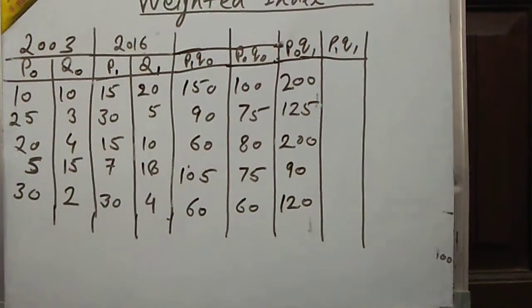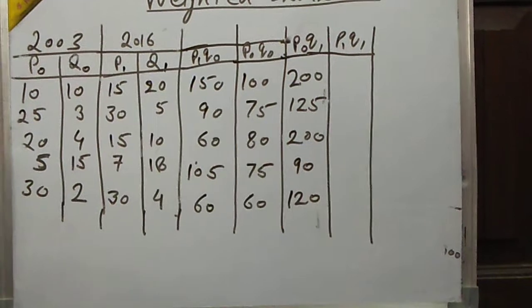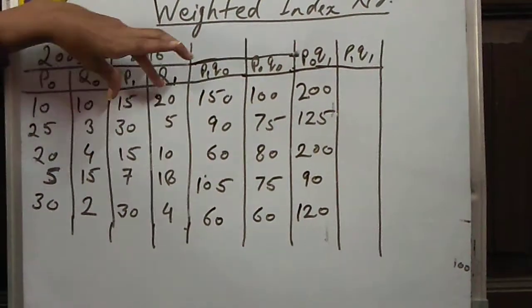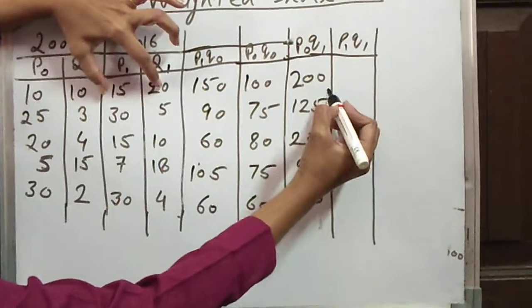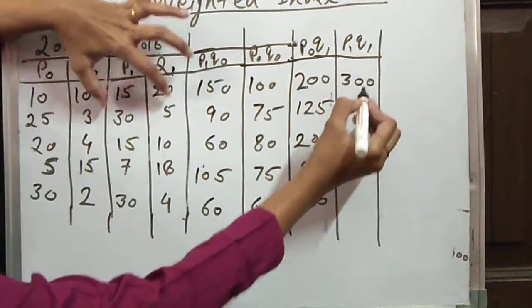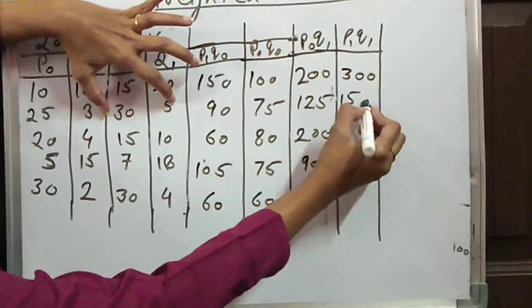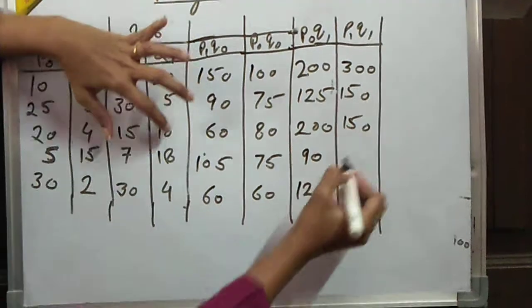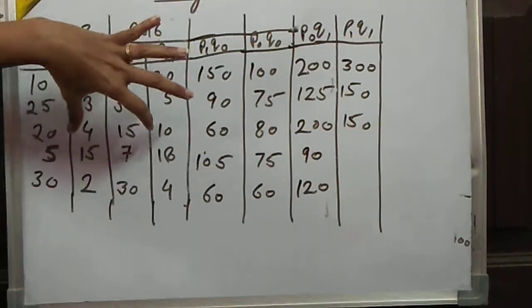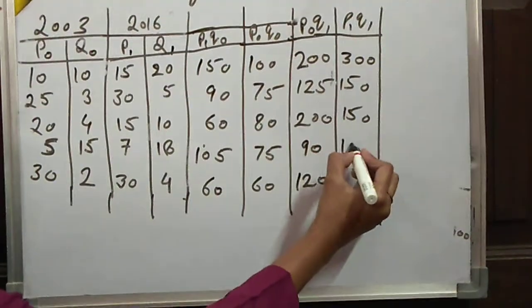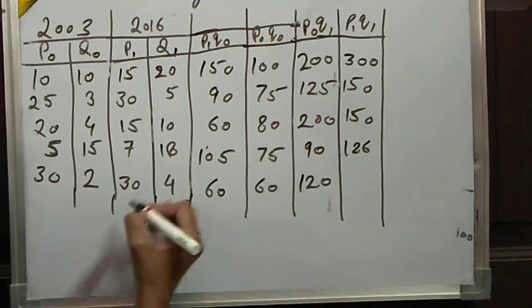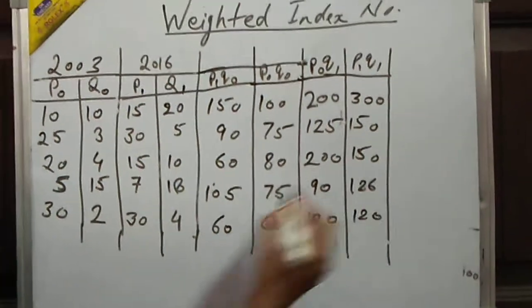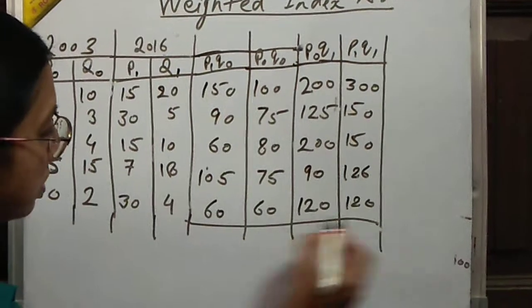Now P1 Q1. This is 15 into 20, 300. 15 into 10, 150. 18 into 7, 126, and 30 into 4, 120. Now we just need the sum total of them.